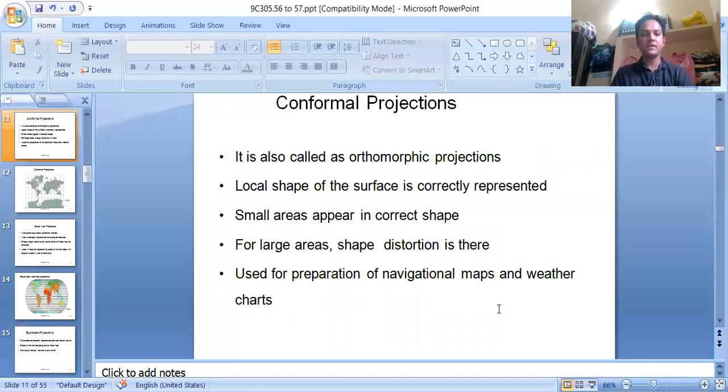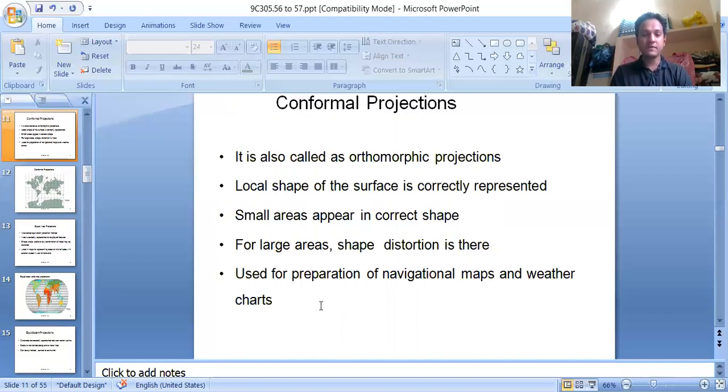Conformal projections are also called orthomorphic projections. Local shape of the surface is correctly represented. Here, if we observe, the local shape will be similar to the original one. Small areas appear in correct shape. For large areas, shape distortion is there.